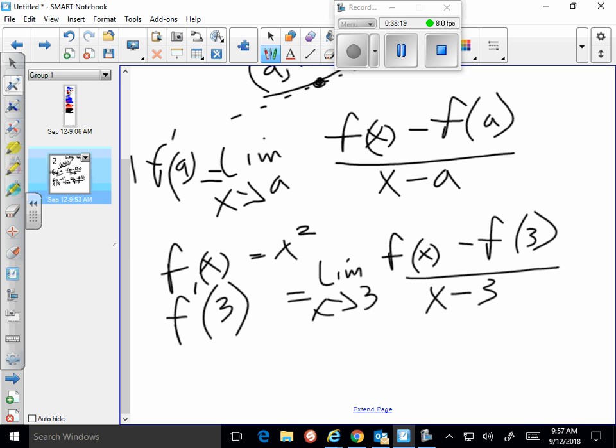Yes? Pause. Why isn't that the average slope formula? Yes, it is. Until I do what? Until I make there be no distance between the 2 points. I agree that if I'm looking at f of x minus f of a over x minus a, that that's the slope between 2 points.